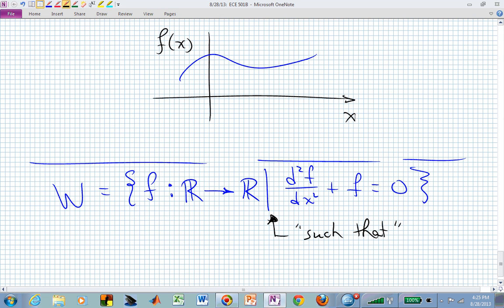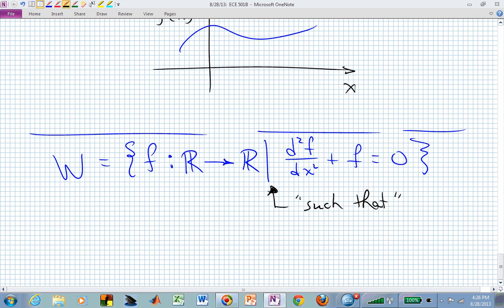That's what we're wanting to do. So that vertical bar means that we need these f of x's, now we're specializing those, we only want to pull from those f of x's that actually satisfy this differential equation relationship.